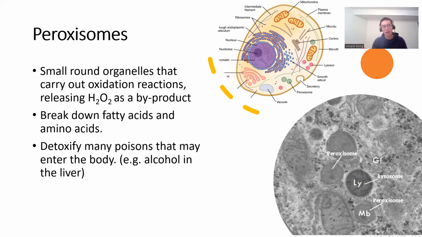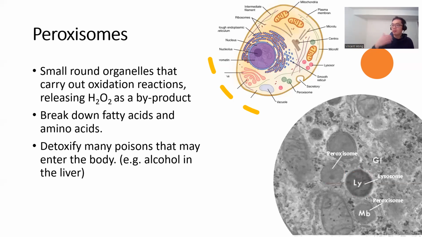I'm not going to give you a circle on the test and ask you if it's a peroxisome or lysosome. There's no point in doing that. They look very similar in the cell, even in a picture. The only way you can tell the difference is that this one is green and this one is pink. So I'm not going to ask you to identify them.